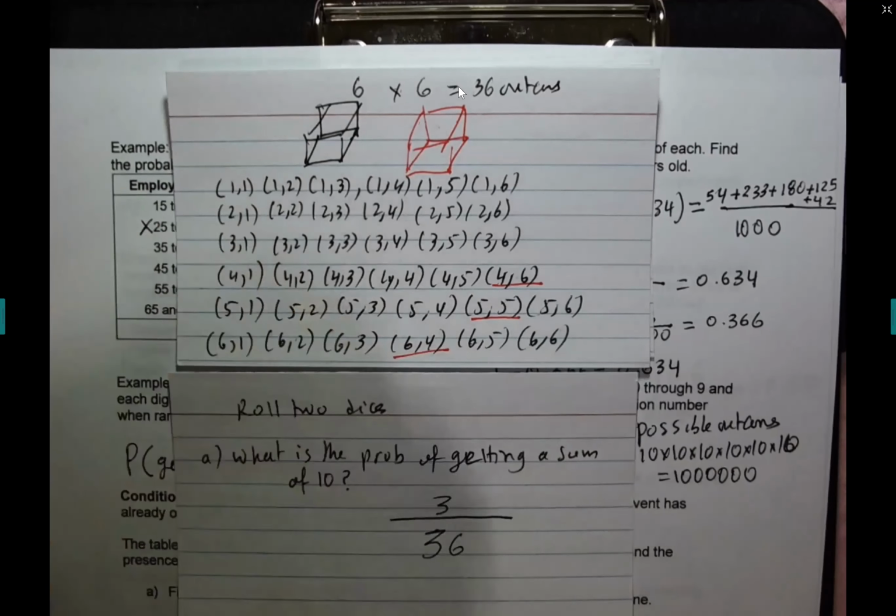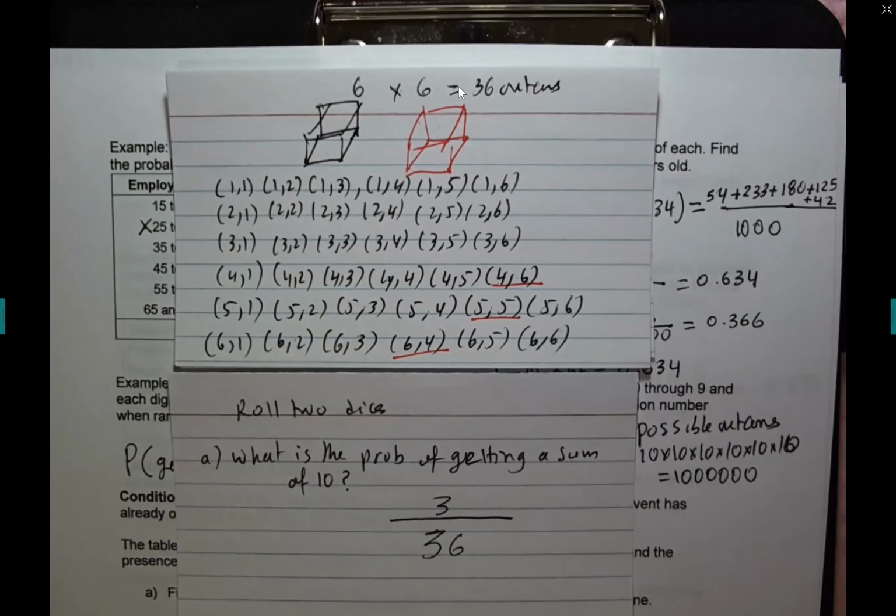So your chance of winning, guys, if you play this game for a sum of 10, is 3 out of 36. That's how you figure it out. I remember I did a similar exercise before, and a student said 7 and 3. They add up to 10. I said, yeah, they add up to 10, but there is no 7 on the face of the die, so you cannot use the 7.